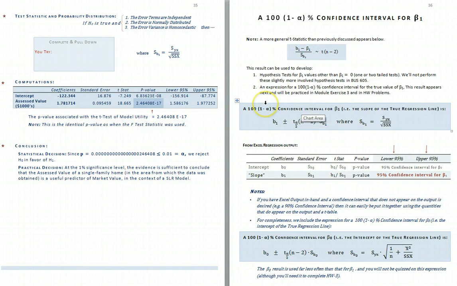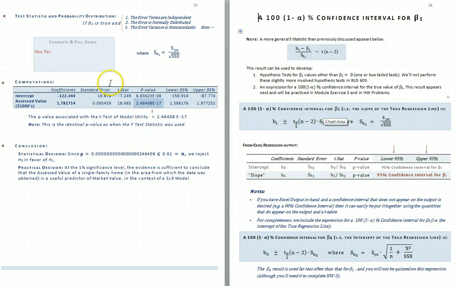The numerical value of B1 is found on an Excel coefficients table under Coefficients. The numerical value of SB1 is found immediately to the right of B1 in the standard error column of the coefficients table.